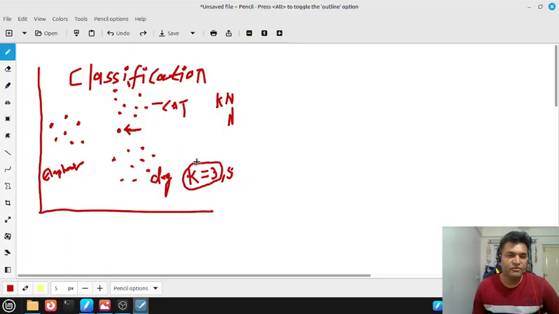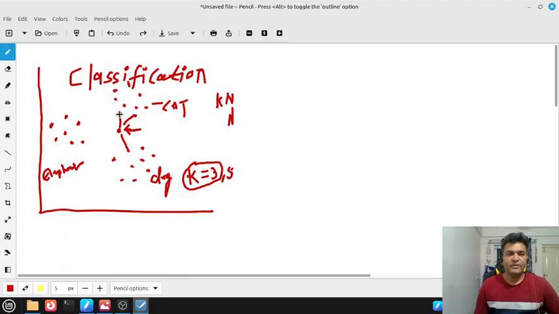When we use K equals 3, we have to find, for this input image, the three nearest neighbor distances. Suppose this one is nearest to this point, this is another nearest, and this is the third. These two belong to cat, and this one belongs to dog. This is the distance between the two data points. This is our input data that we have to predict with this classifier.